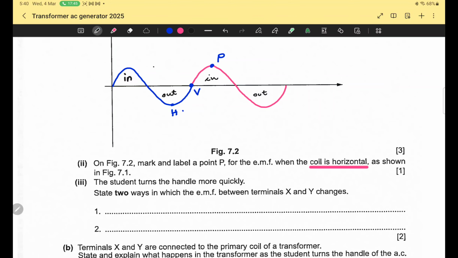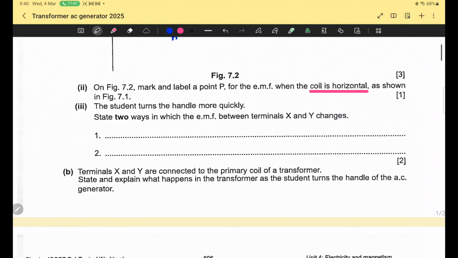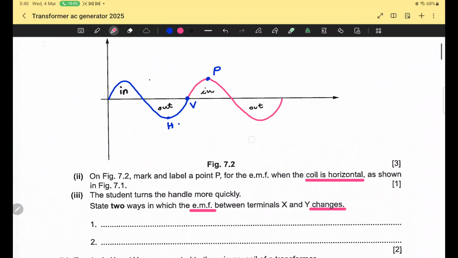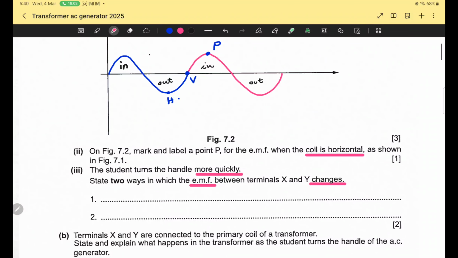And now the question is, when the student turns the handle more quickly, state two ways in which the EMF between X and Y will change. So I am answering. When the coil is rotating at higher speed, more quickly, then greater voltage will be produced.